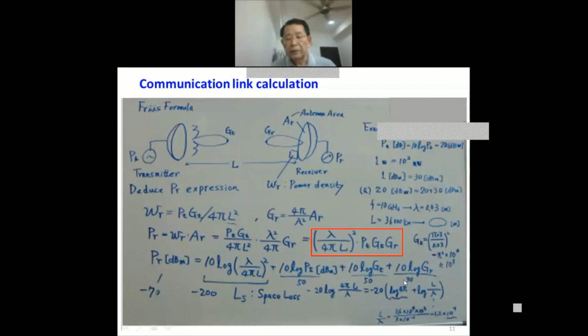And the receiving antenna gain at your home is 30 dBi, and from the satellite to your home, the loss becomes almost minus 200 dB. So adding all of this, it becomes minus 70 dBm. So at your home antenna, the received power is minus 70 dBm.